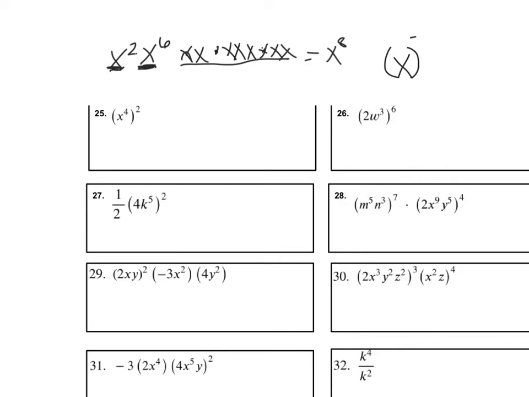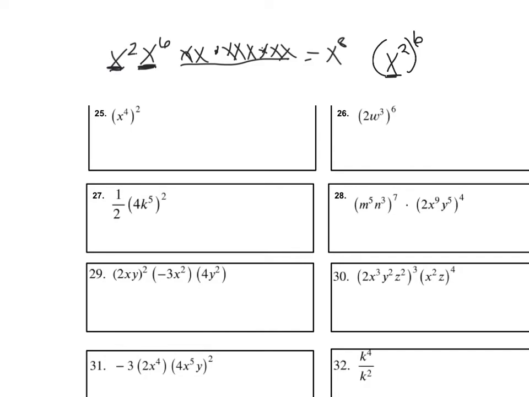had x squared, oops, sorry, I put my parentheses too quick there. Okay, if I have x squared and I'm going to raise it to the 6th power. Now, if you'll notice, I only have one base, right?